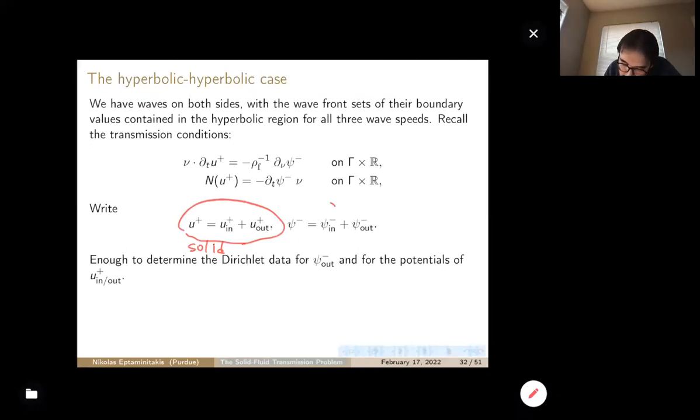And we're going to do the same thing for the potential in the fluid. And all we need to do is we need to be able to determine uniquely the data for psi out. Actually, this is not correct. For psi out and for u out, based on those for u in and for psi in. Yeah, this sentence is incorrect. I will fix it.